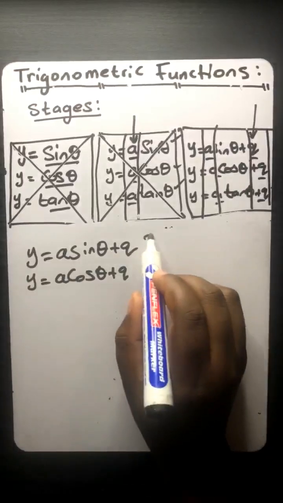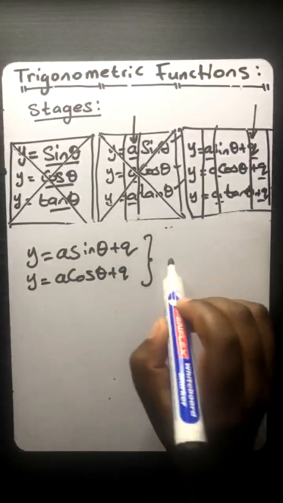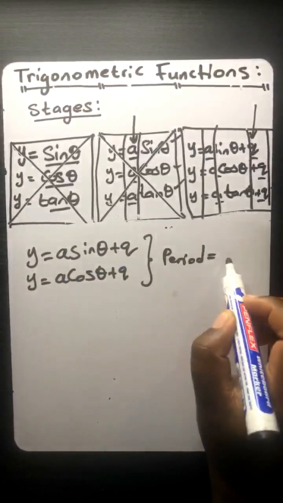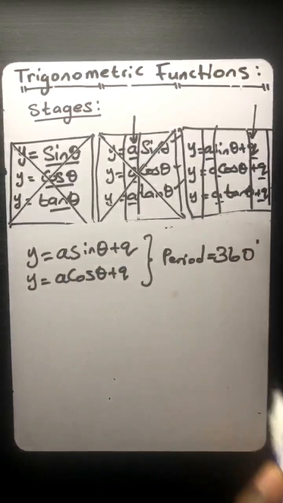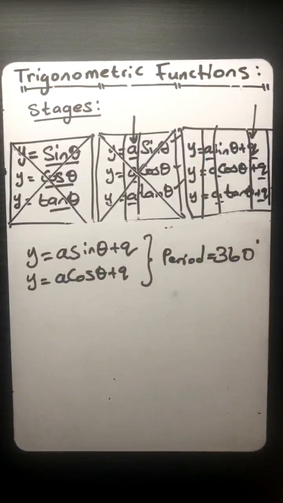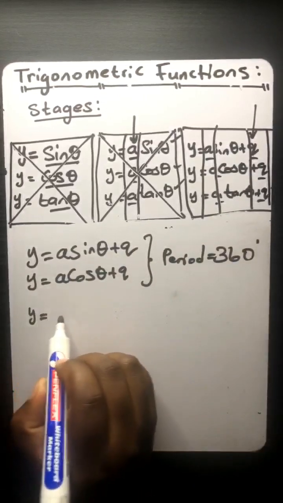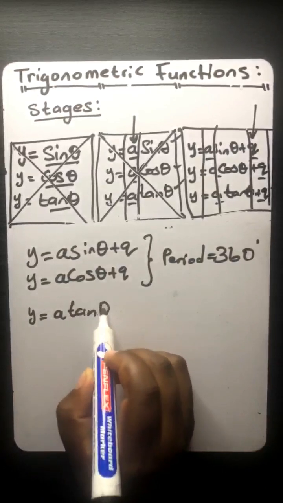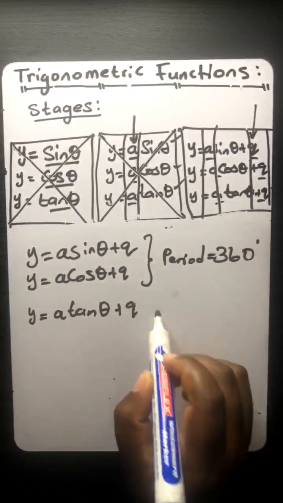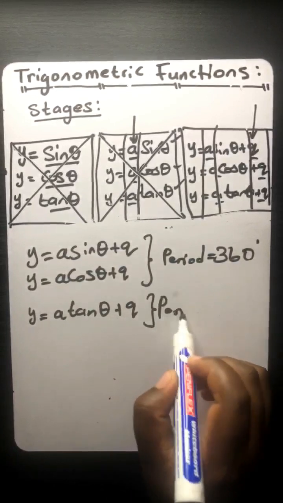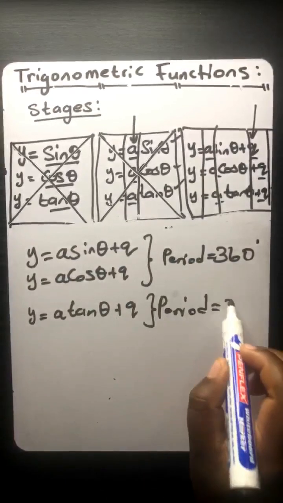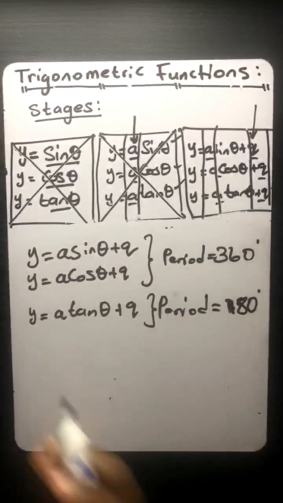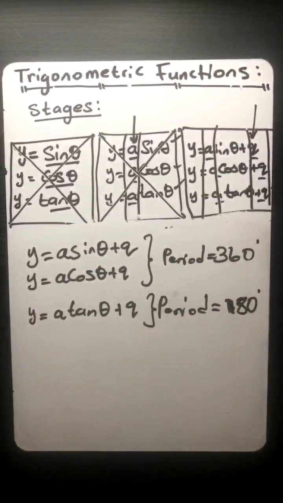I want you guys to be aware that both of these have a period which is equal to 360 degrees. But this one of tan, because it is special, has a period of 180 degrees.